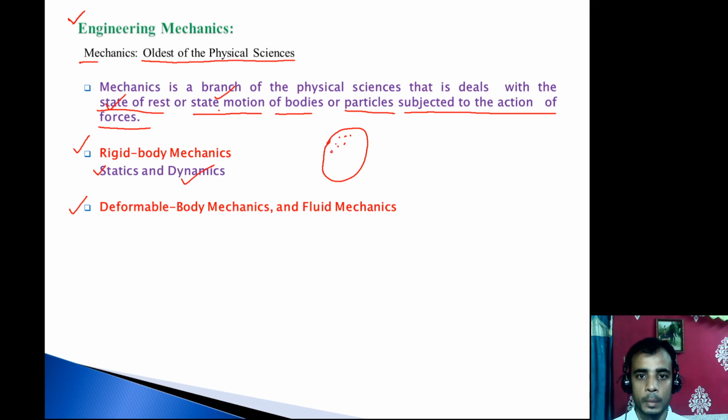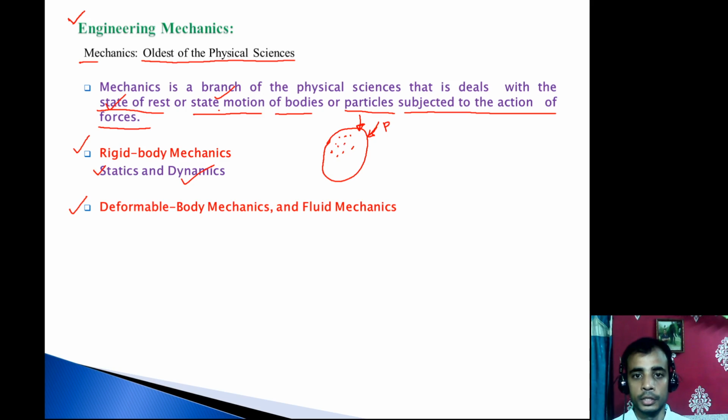If the distance between two particles is negligible, that means the particles are very close to each other, then if you apply an external load on this body, we can assume that the deformation of the body because of this loading is negligible.